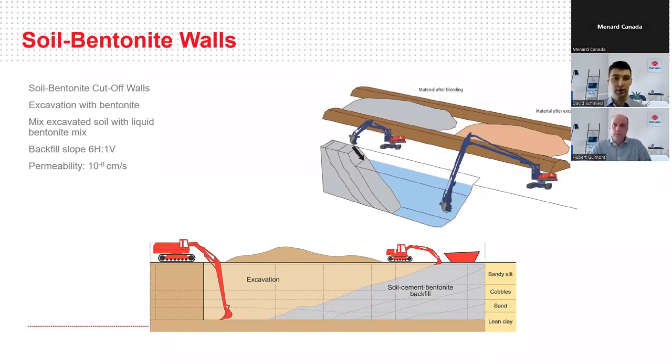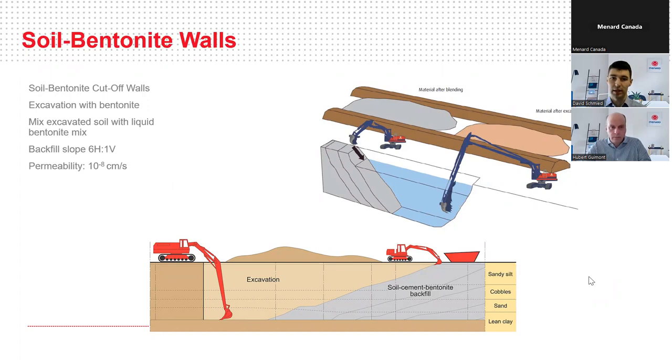So to start with the soil bentonite walls, this is another type of mixing method almost, where you're mixing the soil in with bentonite slurry. So you start by hydrating bentonite on site to create a slurry. And as you excavate along the alignment, we use a specialized long reach excavator.